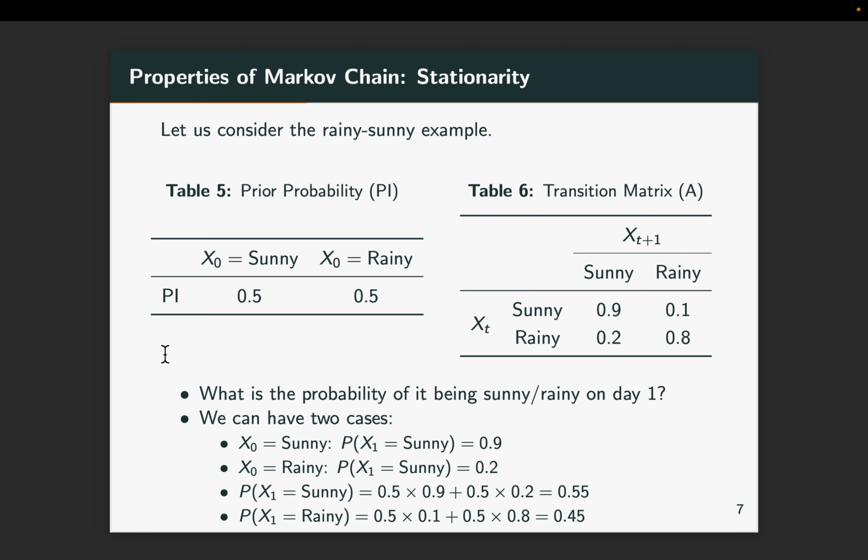So the overall probability of day 1 being sunny is the probability of x0 being sunny multiplied by the transition from sunny to sunny, plus day 0 being rainy and the transition from rainy to sunny. It comes out to be 0.55, and similarly for p of x1 equal to rainy, you could either calculate this or just subtract it from 1, because these are the only two states you have.